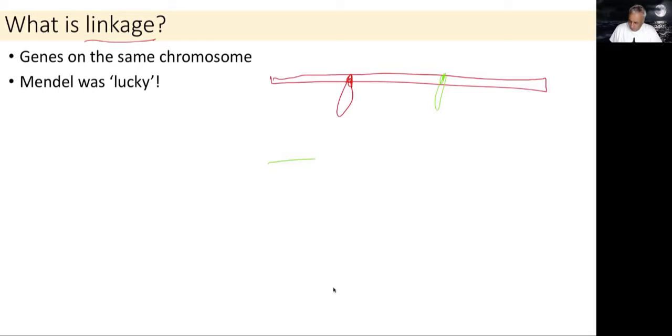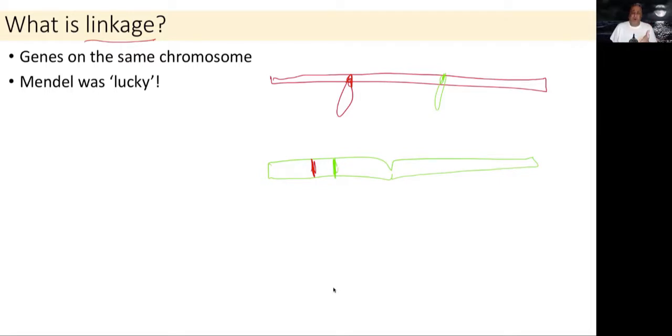So we have a chromosome, and on that chromosome, we have a gene locus for green, and then we have a gene locus for red. Then the two genes, because they're physically on the same piece of DNA, are said to be linked on the same chromosome. So keep this in mind as we go to the next slide.